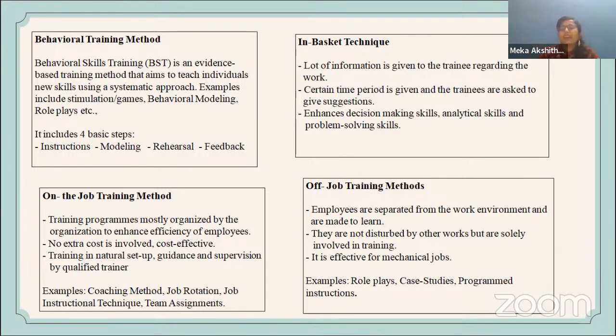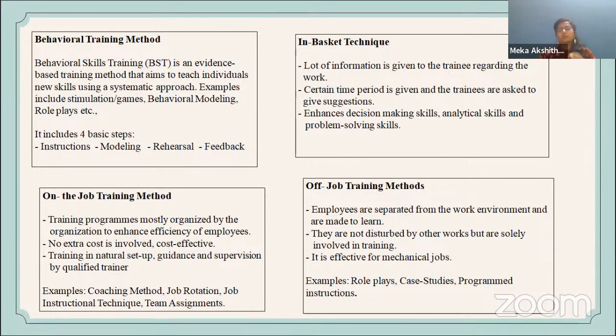For example, in a puzzle game, some of the puzzle pieces would be with each employee. So everyone has to put in equal effort to solve that puzzle, because each employee has certain pieces of it. If there is no coordination and cooperation between the members of the team, they won't be able to finish that game. So they use games or simulations in order to enhance team spirit and interpersonal relationships between members in the organization.